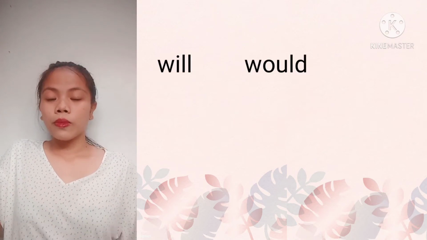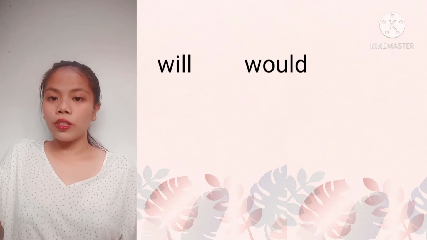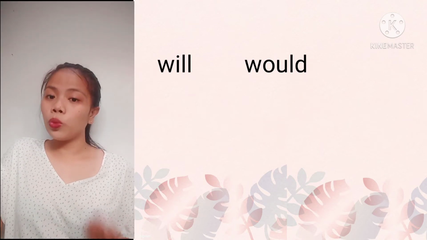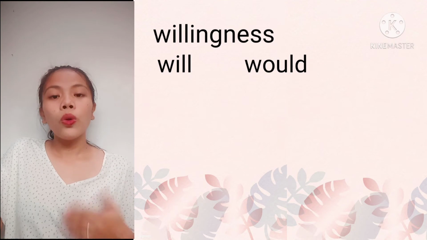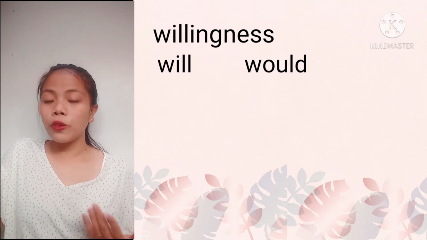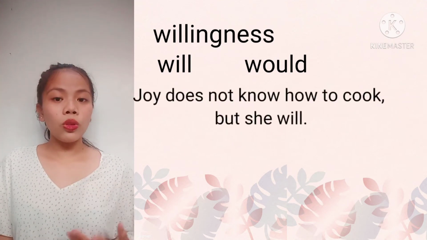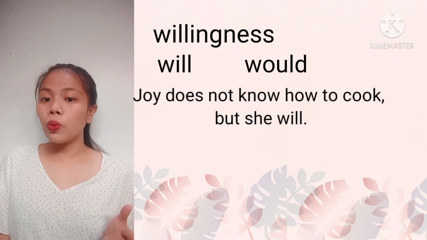Okay, let's proceed to the next modals, which are will and would. The modals will and would speak about the willingness of a person. For example, Joy does not know how to cook, but she will.